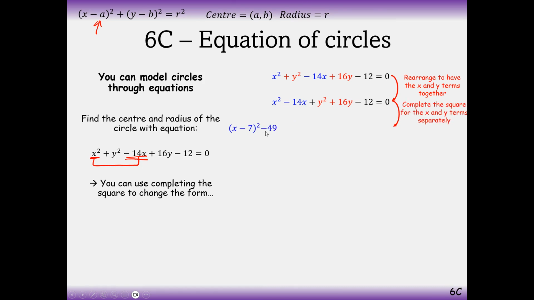Make sure you write the negative 49 after it, because when you expand this bracket, you're going to have x squared minus 14x, and you're going to have an extra plus 49, which wasn't here, was it?